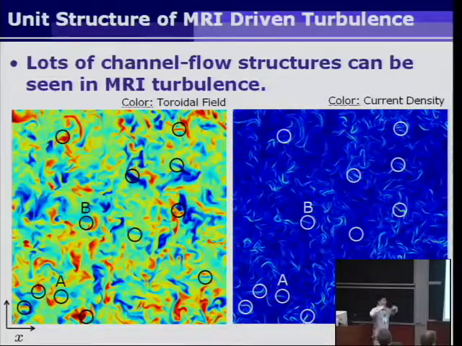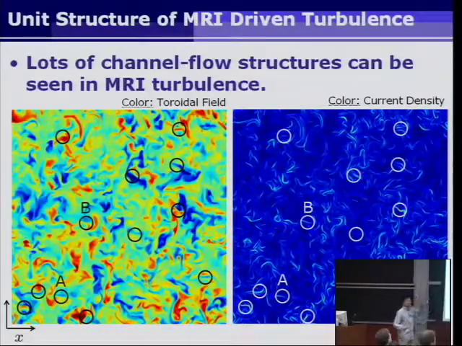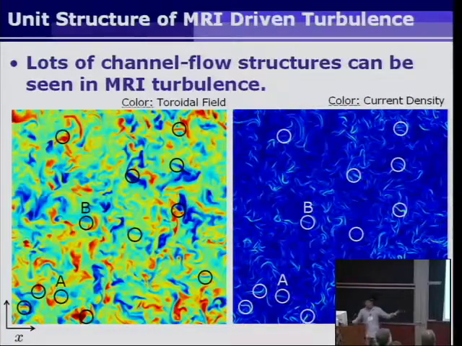I just checked by eye. I identified high current density as a candidate channel flow, and I checked the structure of By, Bz and Bx at each location.